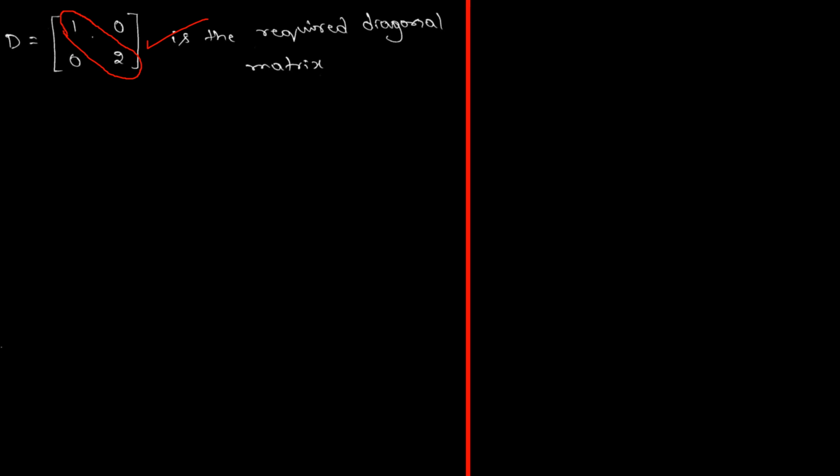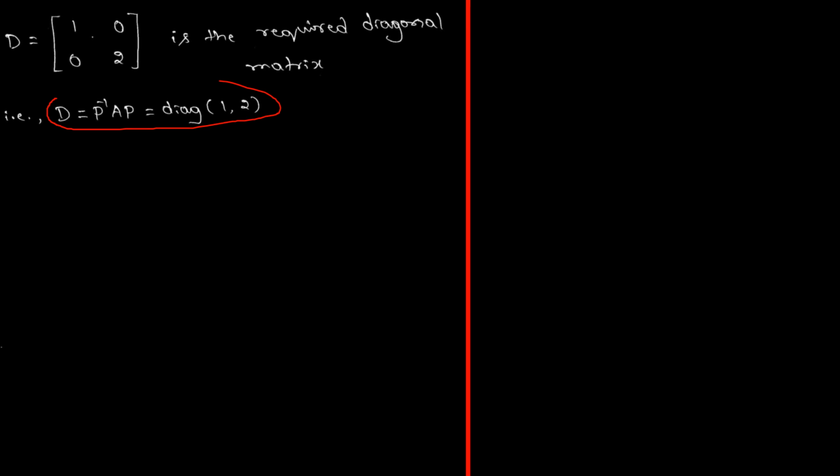That is why it is called a diagonal matrix. That is, the diagonal matrix is of the form diagonal (1, 2). We can observe this was our lambda 1, one of the eigenvalues. This was our other eigenvalue, lambda 2. That's why we have written it like this.